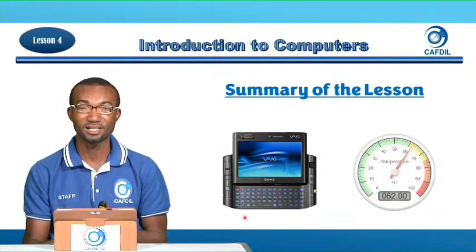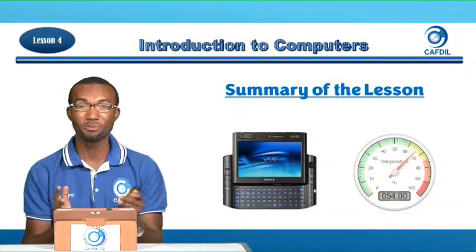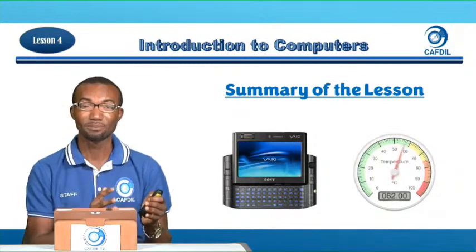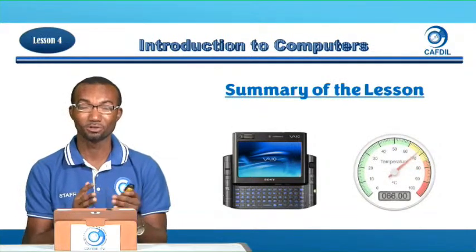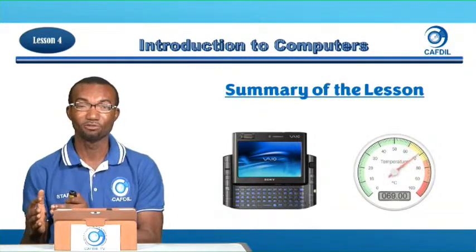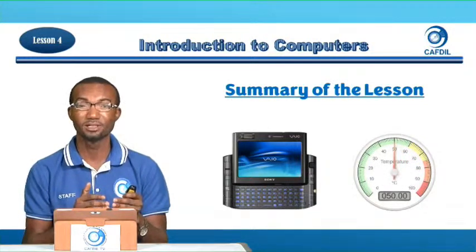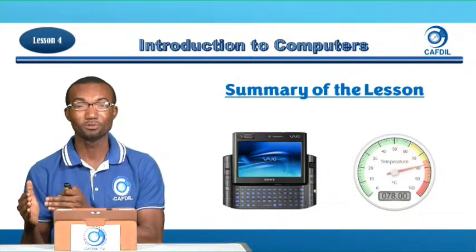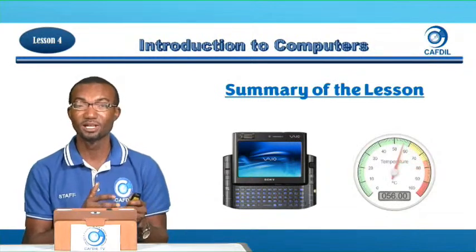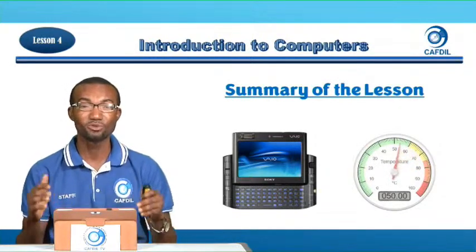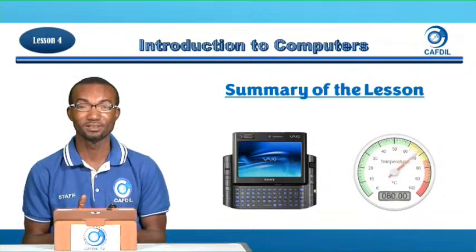An example of a general purpose computer is this handheld computer. It can be used to perform many tasks: typing letters or documents, checking and sending mails, listening to music, watching movies, and playing games. It can be used for a variety of things.